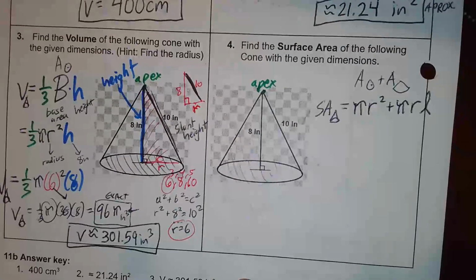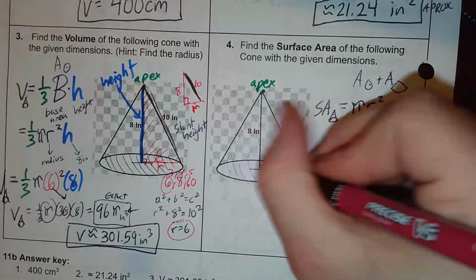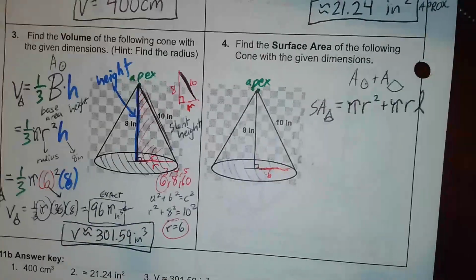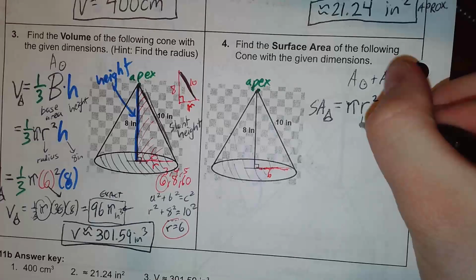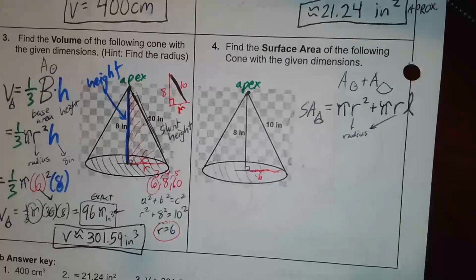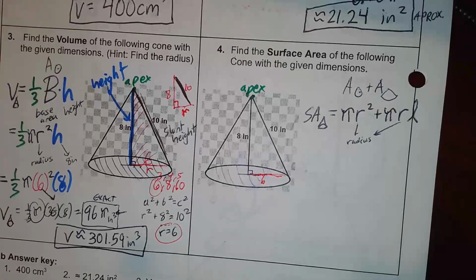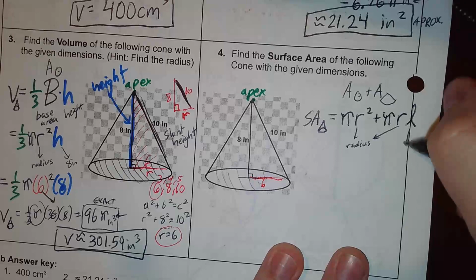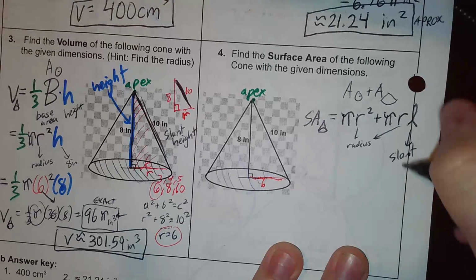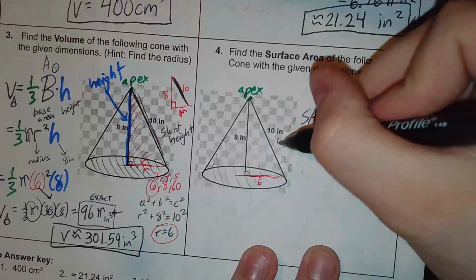Now we know r, which we already calculated, is 6. And L is going to be the slant height, which we know, I'll write it again.